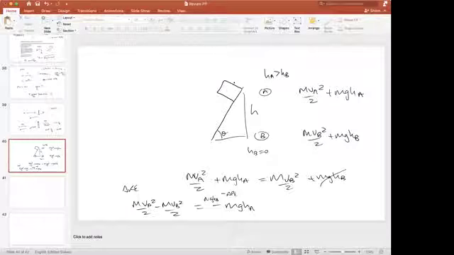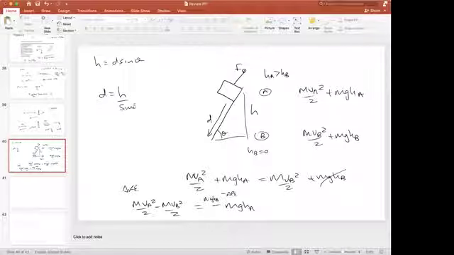Now, if I have a guy holding a force on it and it slides a distance d down, where h is equal to d sine theta, so d is equal to h over sine theta. When it goes down, the work done by that force, because it's pulling up, is F dot D. D is down, so F is positive, D is negative, and I get negative F times h over sine theta.